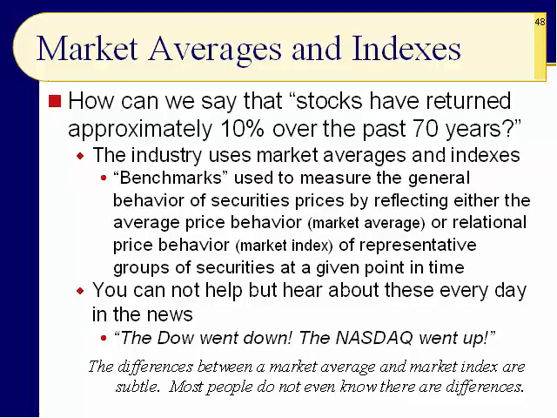And you cannot help but hear about these every day in the news. The Dow went up, the Dow went down, the NASDAQ went up, the NASDAQ went down, the S&P. What are they? As we said, they are just lists of companies or stocks, or bonds if it's a bond index, which most people don't watch, but the stock indices are much more popular.